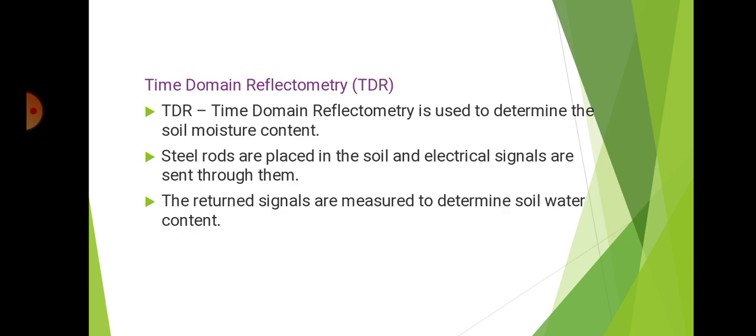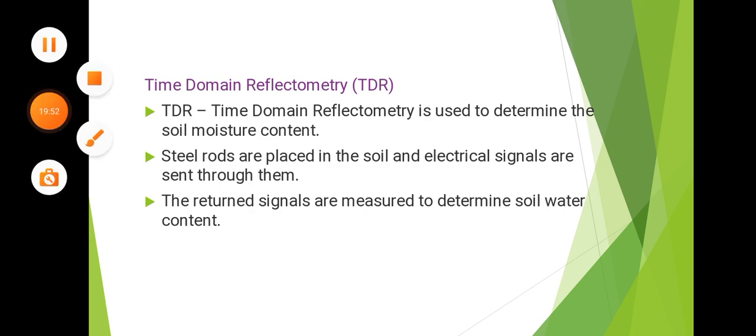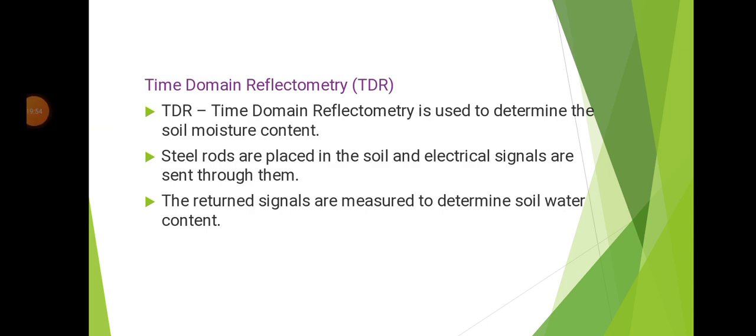The returned signals are measured to determine soil water content. This is the time domain reflectometer, TDR. Thank you.